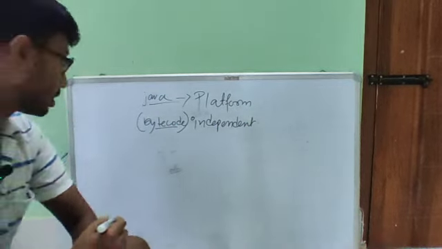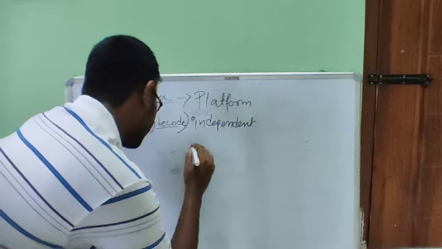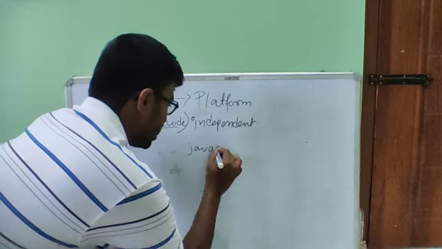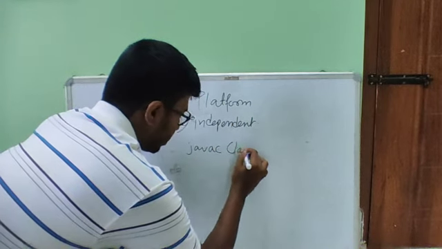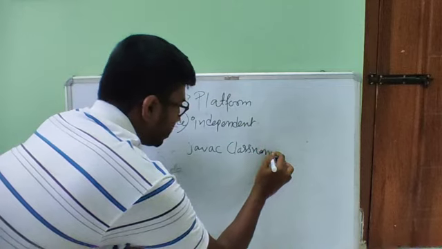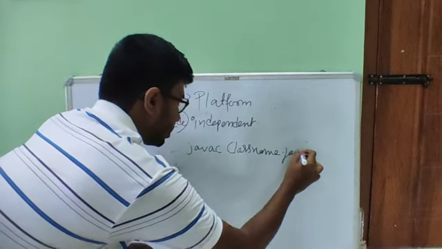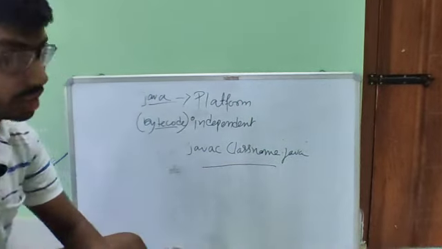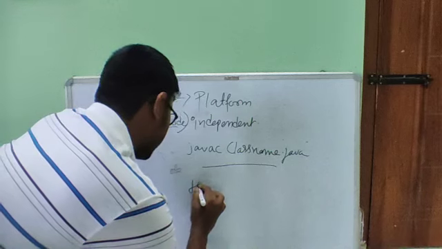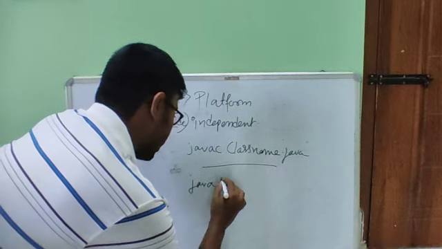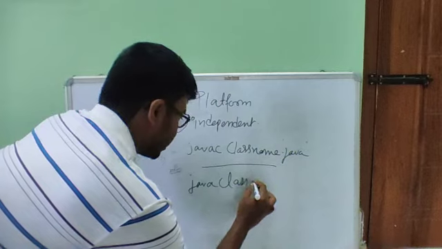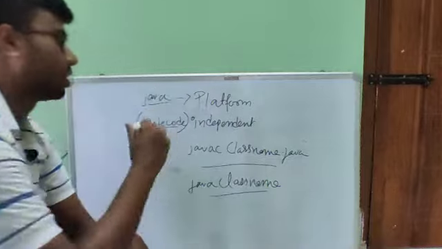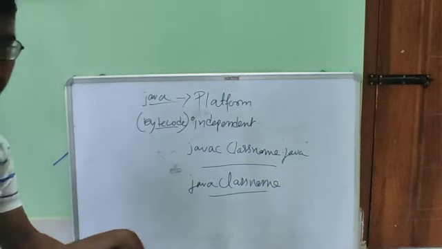How can you run Java code? You have to write javac and the class name dot java. This command will compile the program. And the next step is java and the class name. These two commands you have to keep in mind. You have to compile and execute the code.